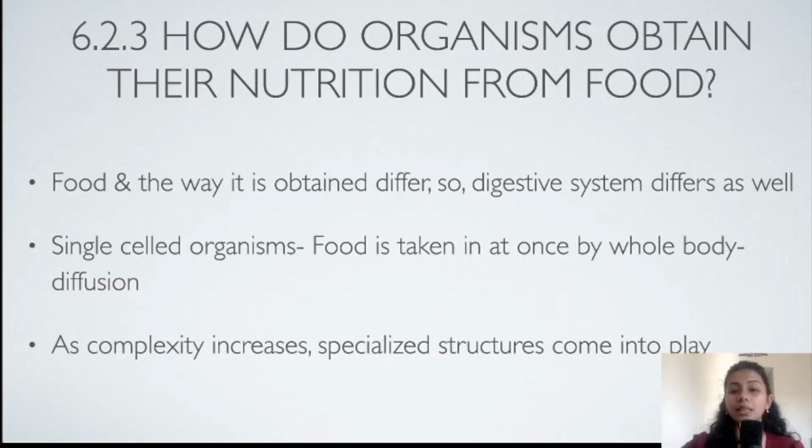That is how organisms obtain their nutrition from food. The different ways are diffusion and full-fledged digestion, which has many steps: ingestion, digestion, absorption, excretion. All of it we learn as we proceed in this chapter.